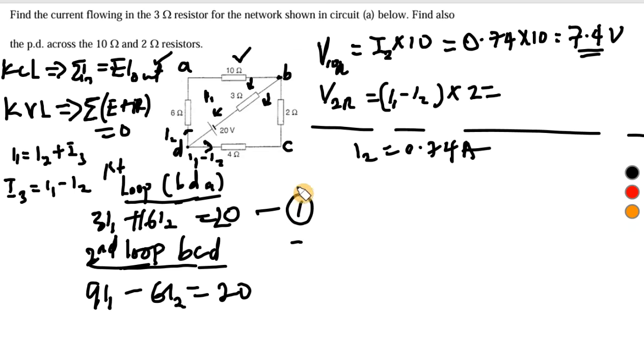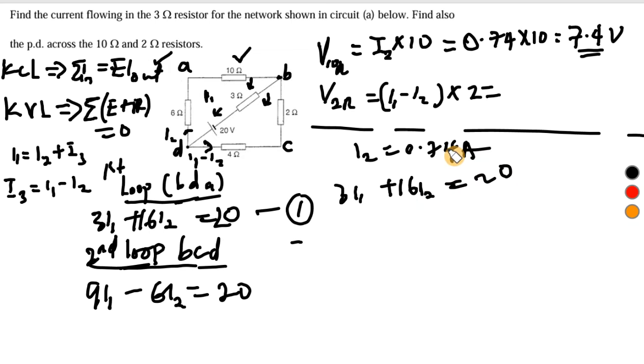Since we have found I2, it means that we can quickly find I1 from any of these equations. Let us use equation 1 for the first loop, which says that 3I1 plus 16I2 equals 20.